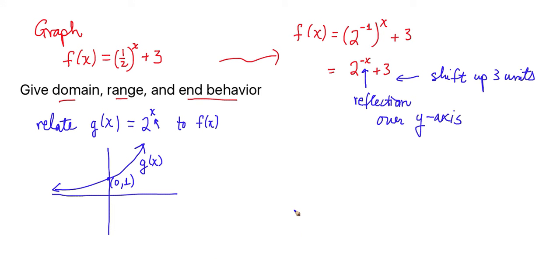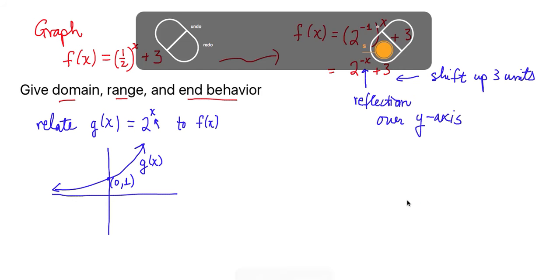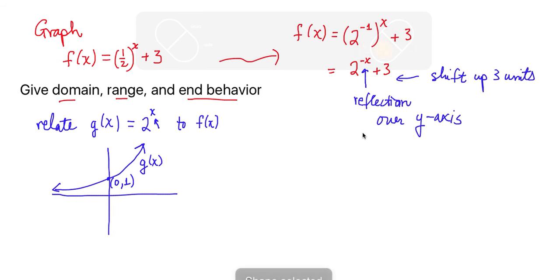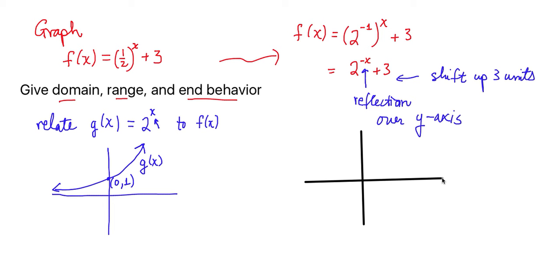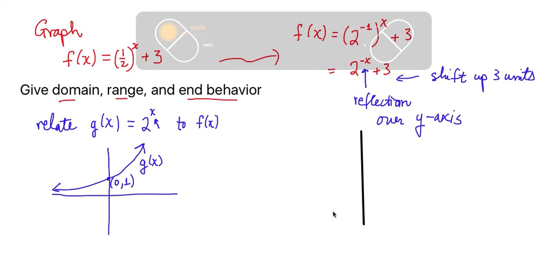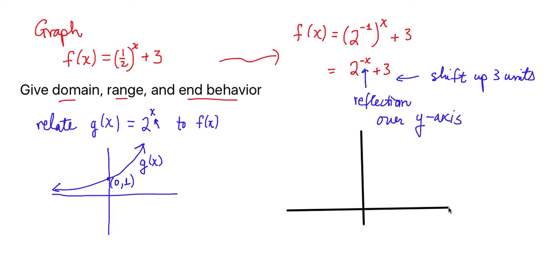So let's think about our new graph of f of x, and let's get some nice axes drawn in here. So there's the y-axis, there's the x-axis. Actually, I'm going to draw the x-axis just a little bit lower here. So here's my x-axis.